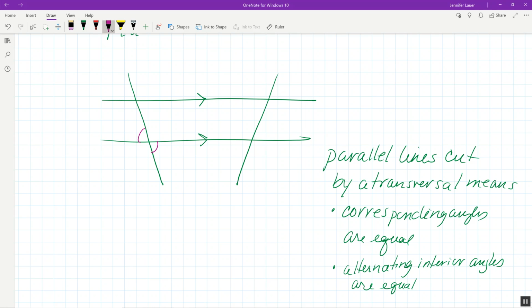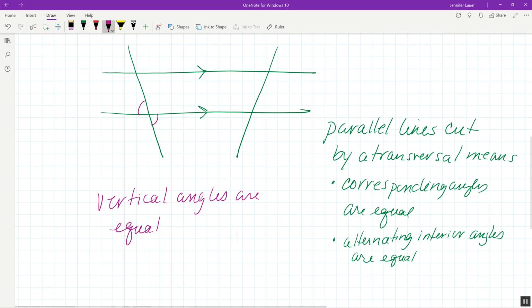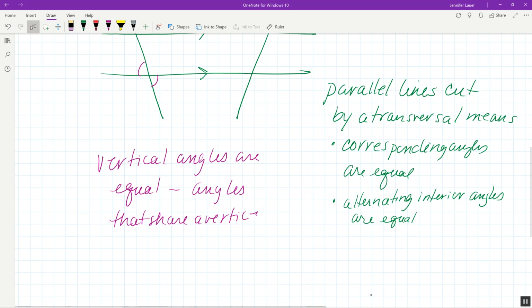Another rule that governs that is vertical angles are equal, and these are just angles that share a vertex. Another example would be like this; these are vertical angles and they're equal.